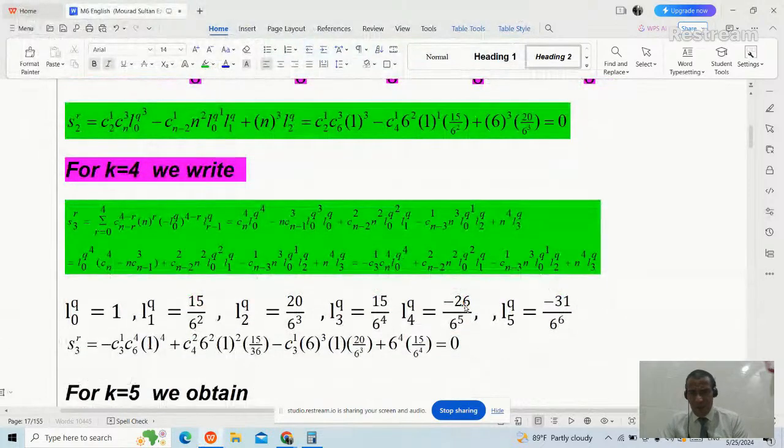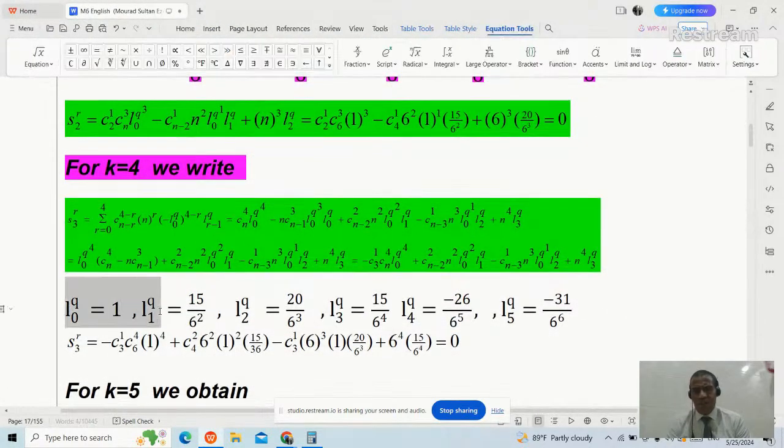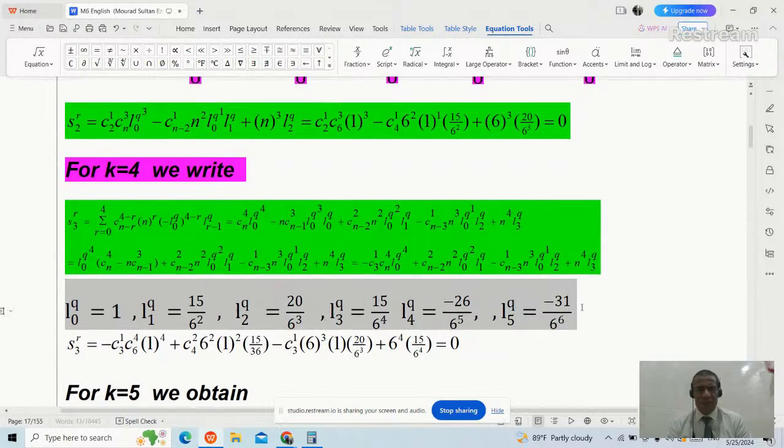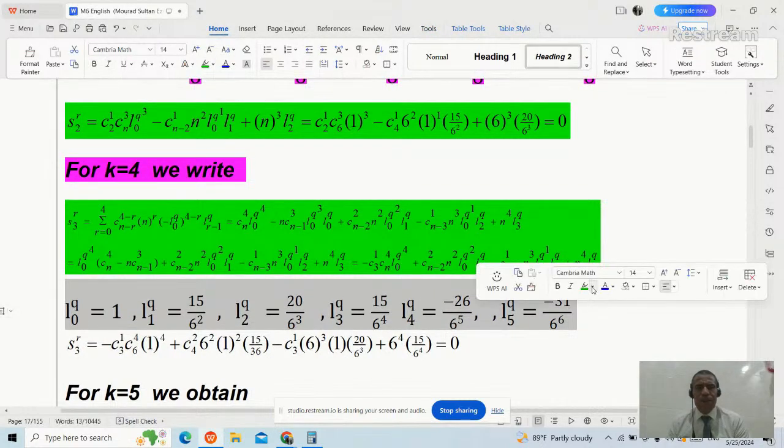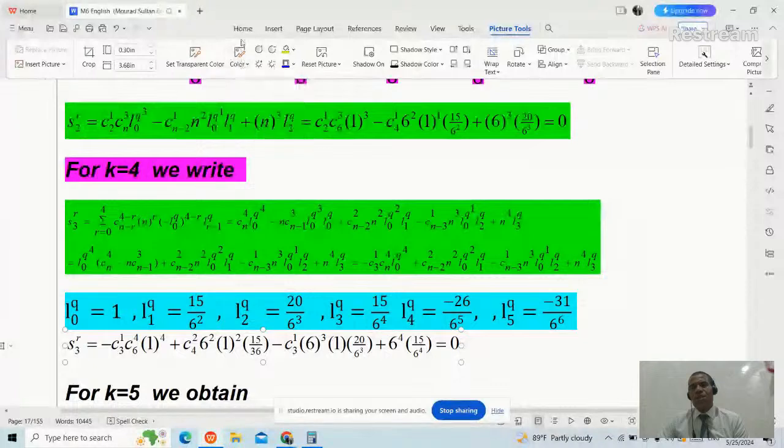I will now continue to find the value of S3. To find it, I should substitute L0, L1, L2, L3 with their own values.